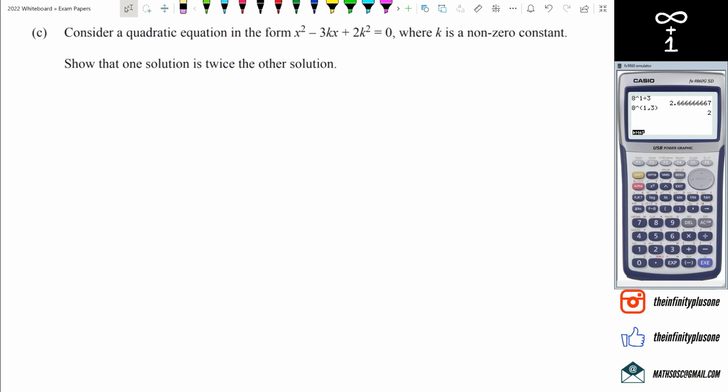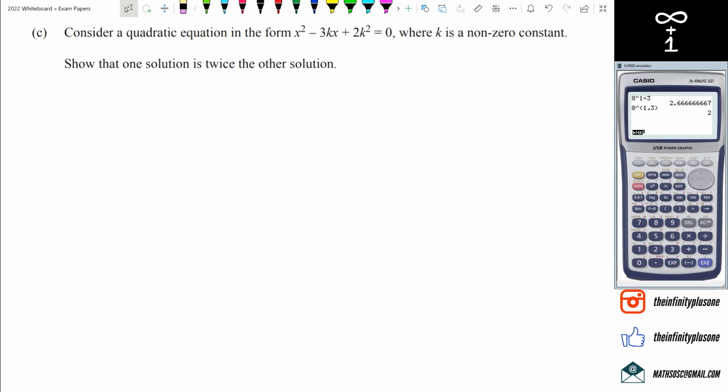All right, let's have a look at question C here. I'm looking at the answer schedule and there are a couple of answers. The first method I look at, I'm going, that's quite easy. But you've got to start to look at an equation and go, right, what can I actually do with this equation?